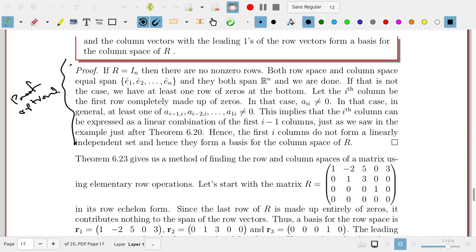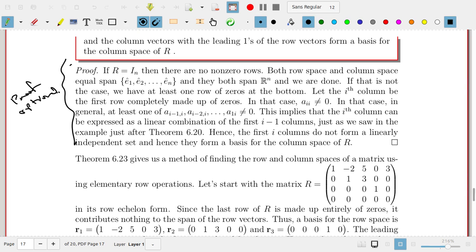So let's say I have a matrix in its row echelon form, right? Now notice where we have leading ones here.